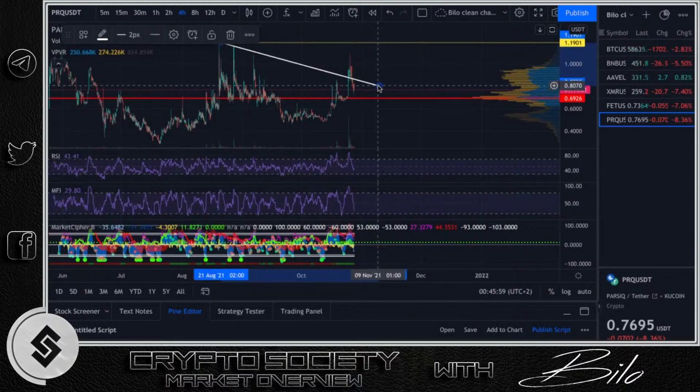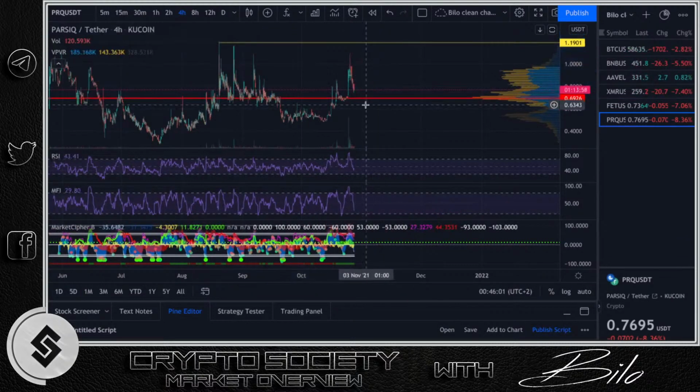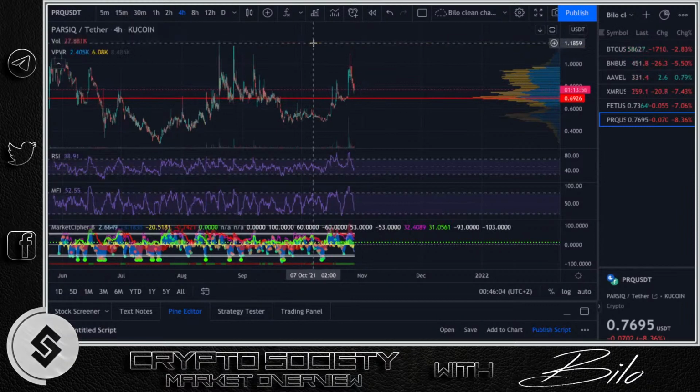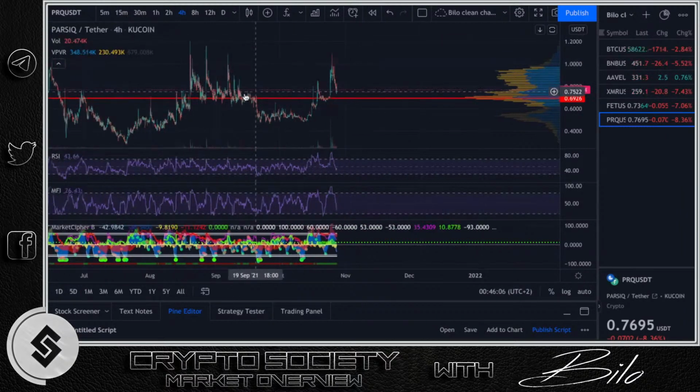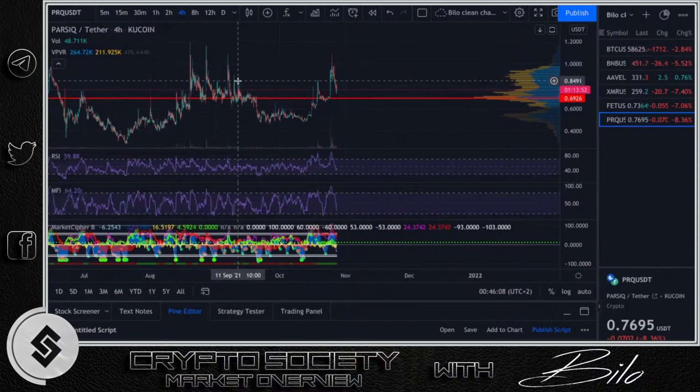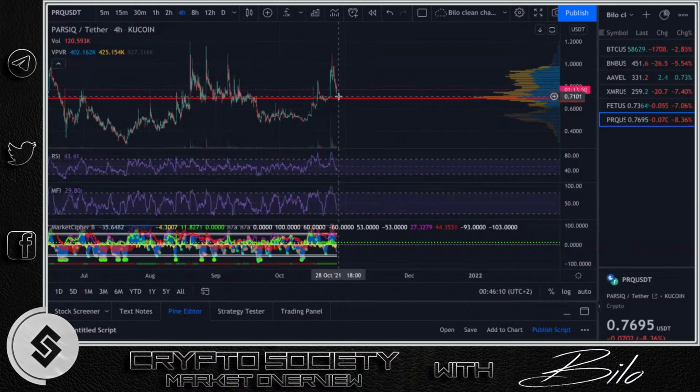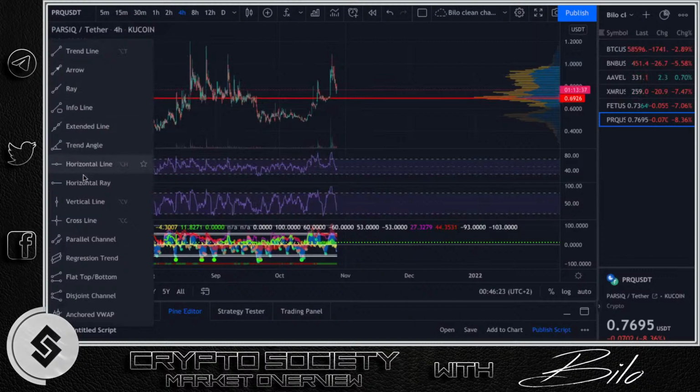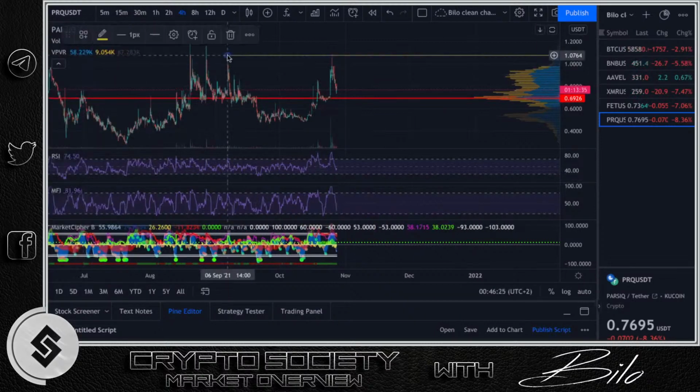When was this listed, by the way? I'm trying to decide where the cup and handle starts more than anything, because you could have a cup and handle here that's gone above and failed. You can have it here and it's being retested, or you can have it here, which is the nicest place to have it, which works because it's not invalidated on multiple levels.